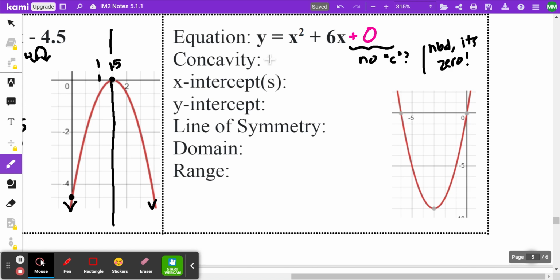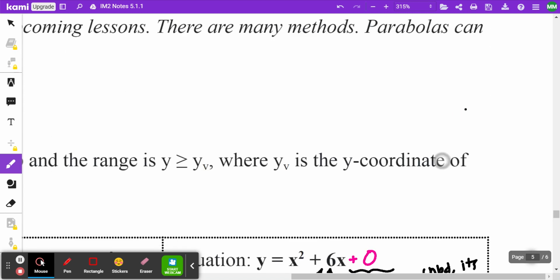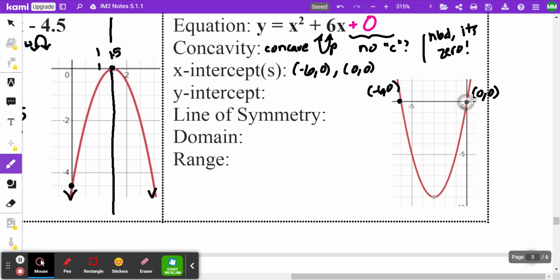Concavity, this is concave up. X-intercepts, I see one x-intercept at negative 6, 0, and the other is at 0, 0. Y-intercept, that's at 0, 0.